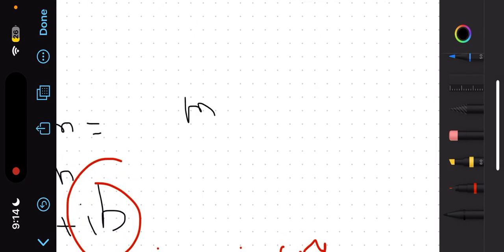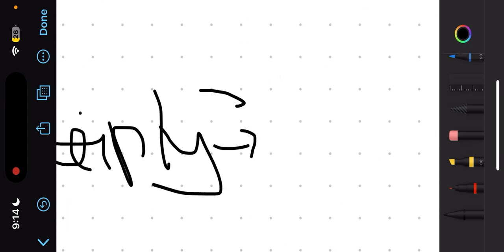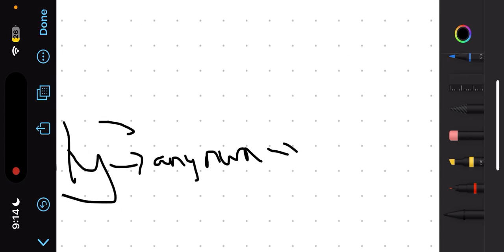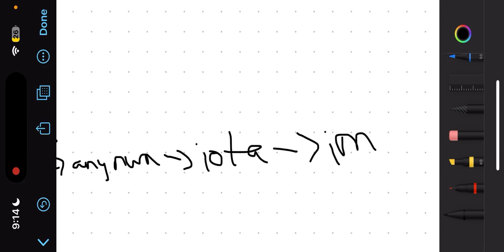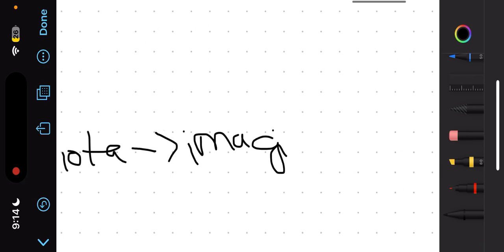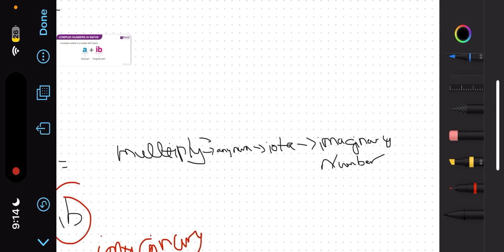When we multiply any number with iota, we get an imaginary number. Whenever you multiply any number with iota, we get an imaginary number.